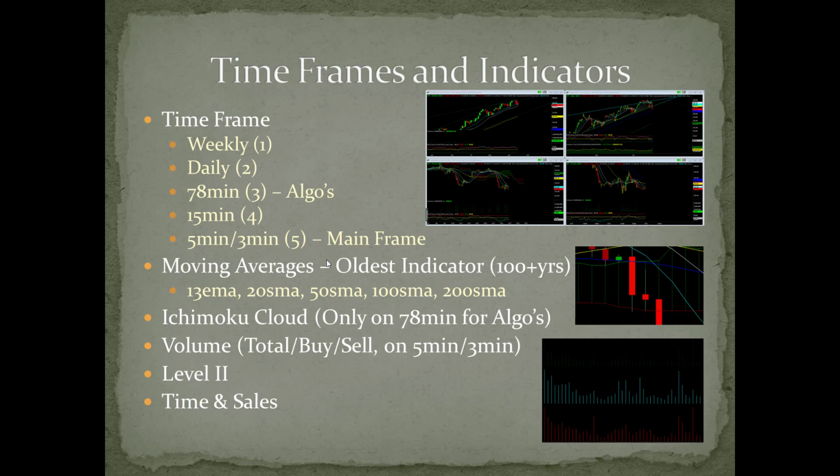So you want to use the ones that have the most weight, and that's going to be the ones that have been around the longest, the ones that are used the most. There are other ones that have been around a long time. There are indicators out there that have been around for 40, 50, 60 years.